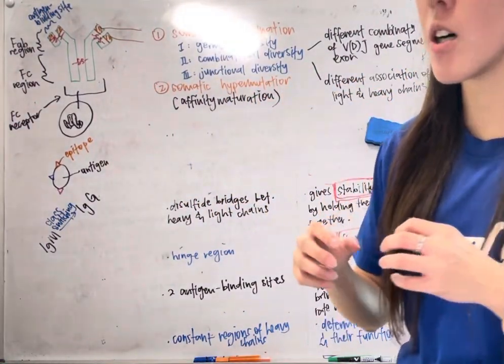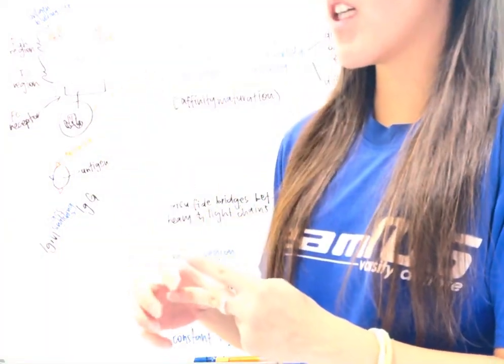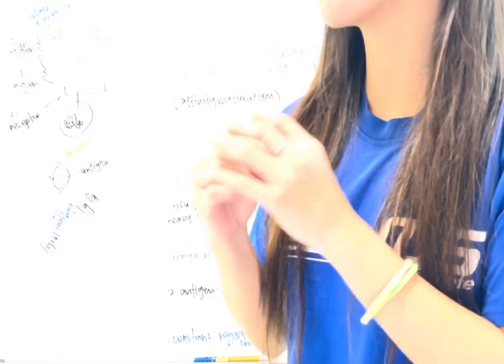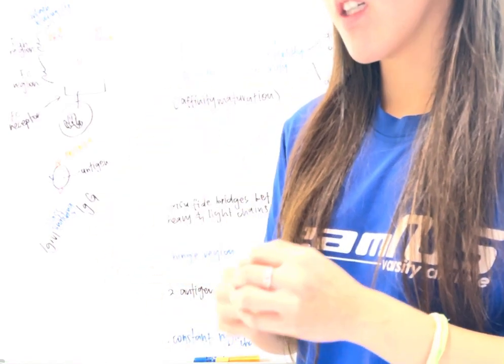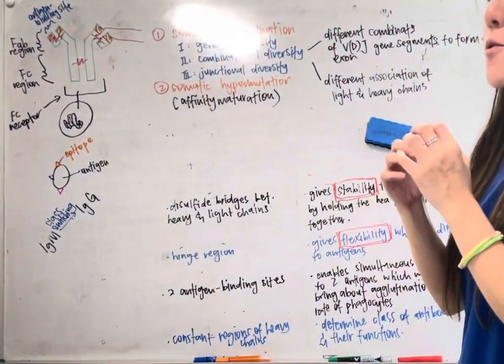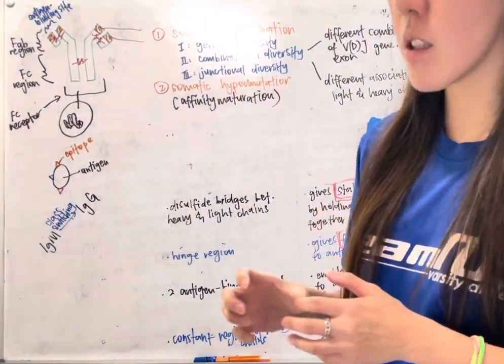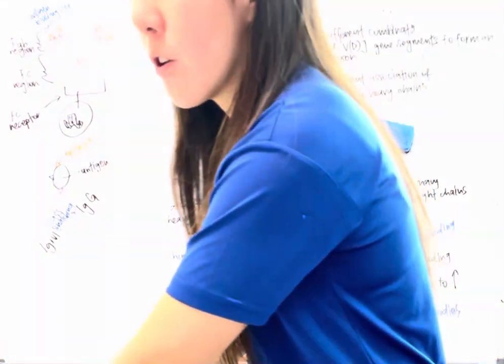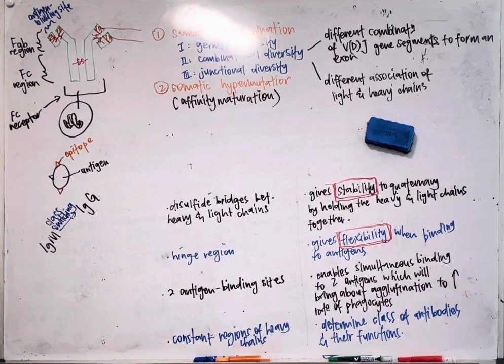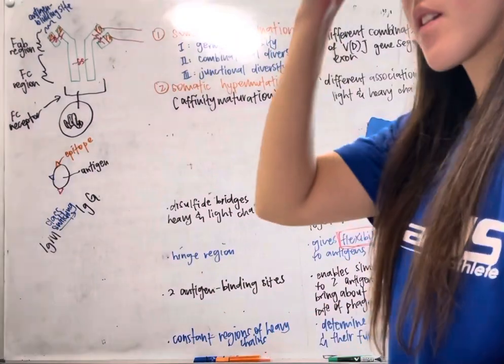So I repeat, different combinations of V, D, J are rearranged together to form a VDJ exon to code for the variable domain of the heavy chain.